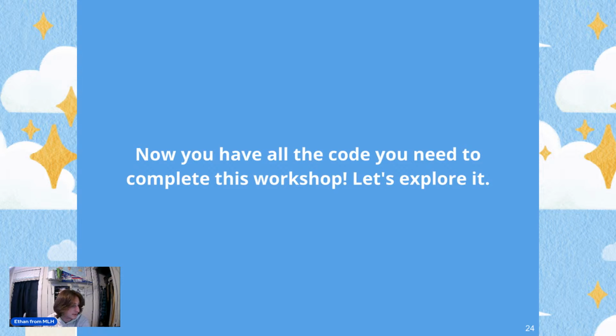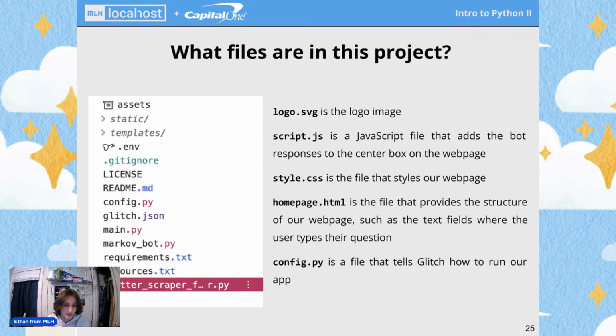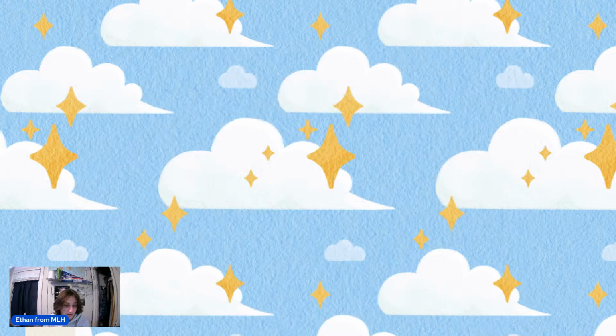And now that you basically have a copy of your code, we're going to go ahead and explore it. So now I'm going to switch gears here and go along with you in the code that we're looking at together.